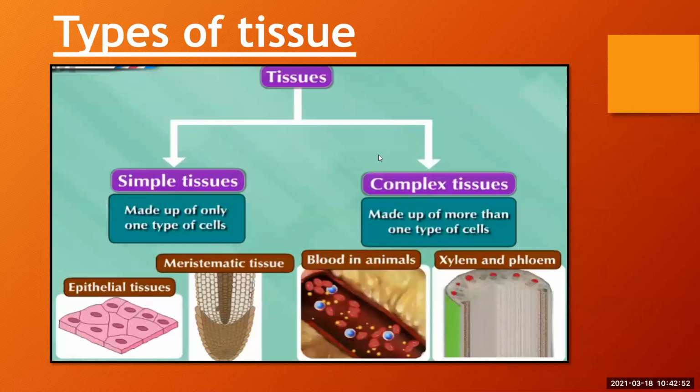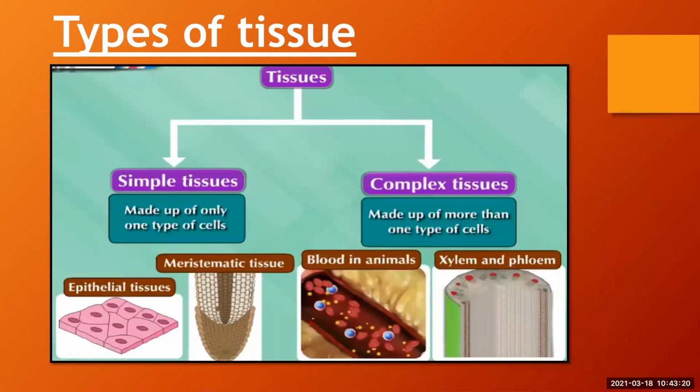There are two types of tissue: simple tissue and complex tissue. Simple tissue consists of only one type of cell, for example, epithelial tissue in animals and meristematic tissue in plants.